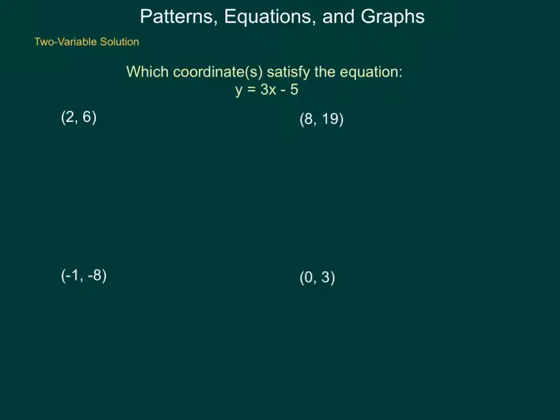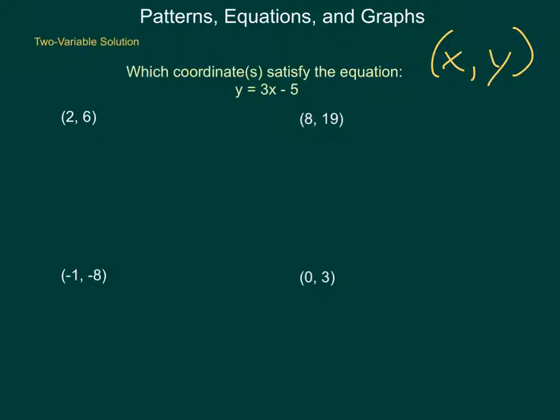For instance, in this situation, we have the equation y equals 3x minus 5. From previous math courses, you should be aware that when you are given a coordinate, the items inside of the ordered pair are given as x, y portions. So if we look at this first coordinate, 2, 6, do the items 2 and 6, as x and y respectively, satisfy this equation of y equals 3x minus 5?